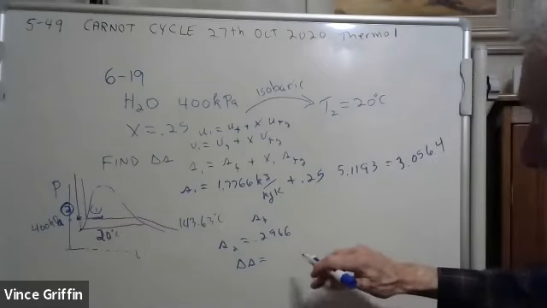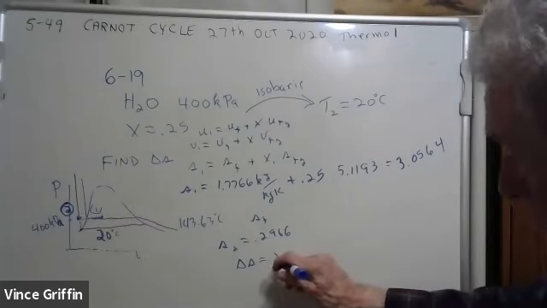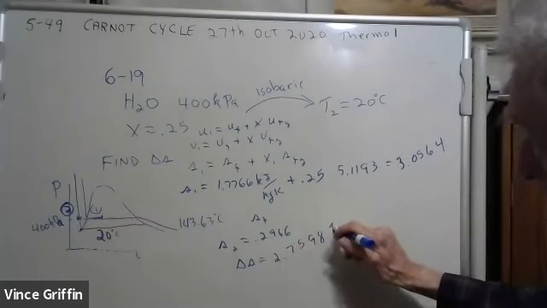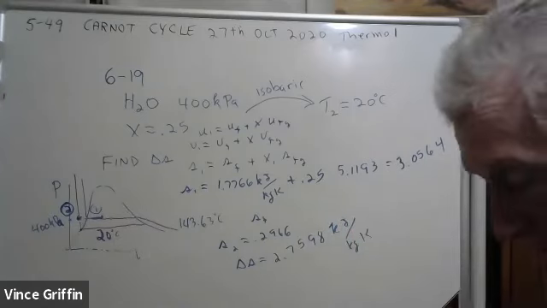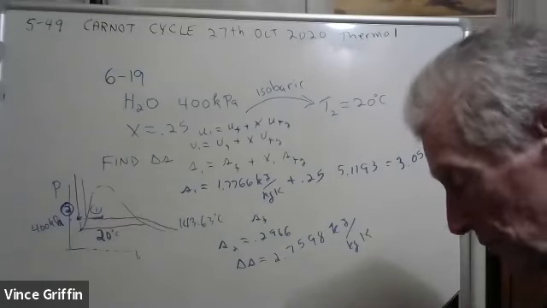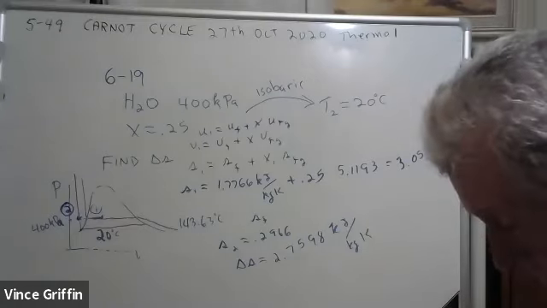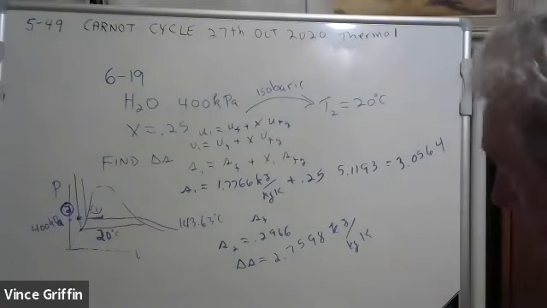And then when you subtract that, here's what you get. I'm getting 2.7598 kilojoules per kilogram Kelvin. Now I wonder if that's what the answer book says. Let me look this up. This was problem 619.